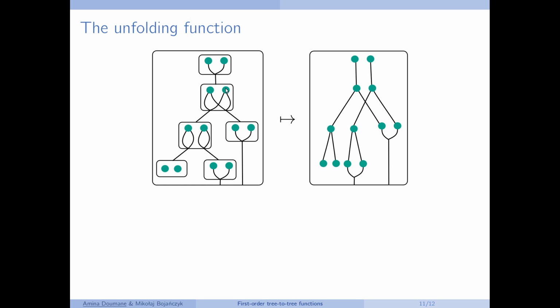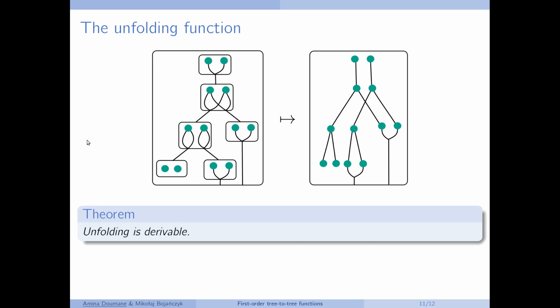So showing that this function is derivable is certainly the hardest part of the proof. It relies in particular on Simon's factorization forest theorem. So these three ingredients, namely that unfolding is derivable, normalization is derivable, and first-order relabeling is derivable, are enough to show that all first-order tree-to-tree functions are derivable.